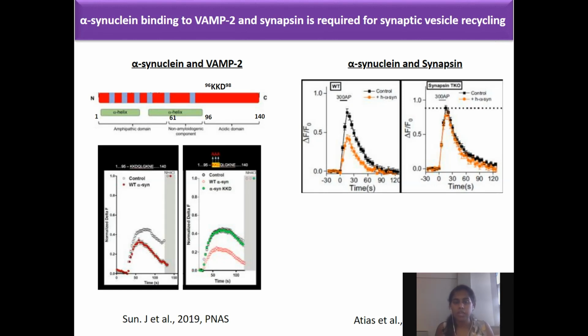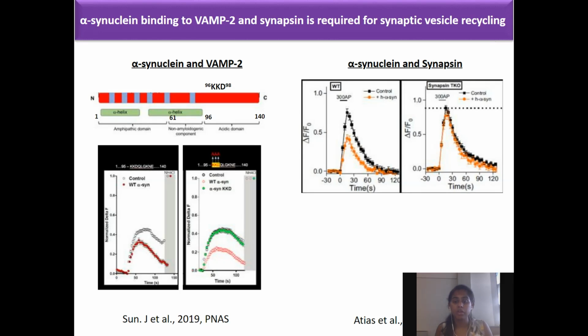Again, on the left, we have a fluorine experiment from wild-type neurons showing that overexpressing alpha-synuclein, shown in orange, reduces synaptic vesicle recycling. On the right, we have synapsin triple knockout mice in which synaptic vesicle recycling cannot be suppressed, showing that synapsin is required.